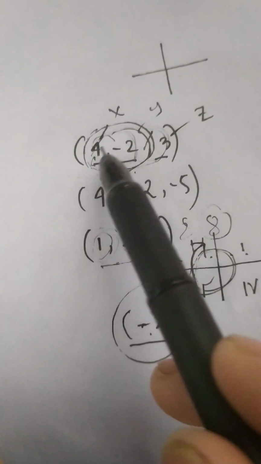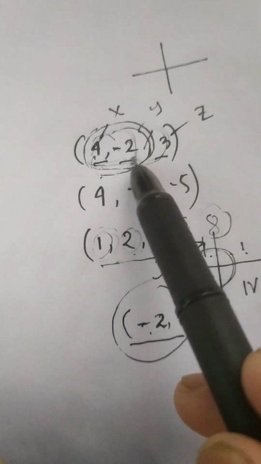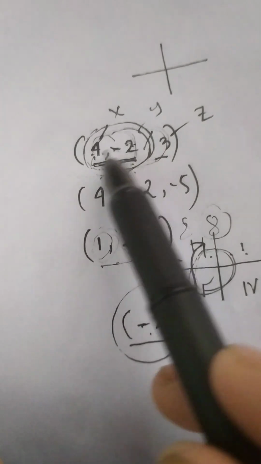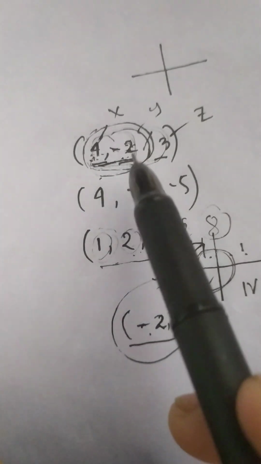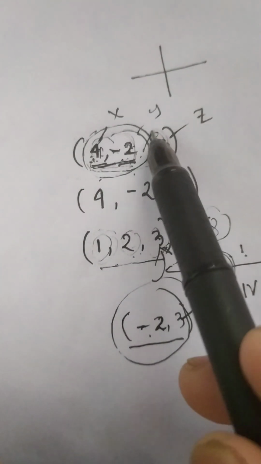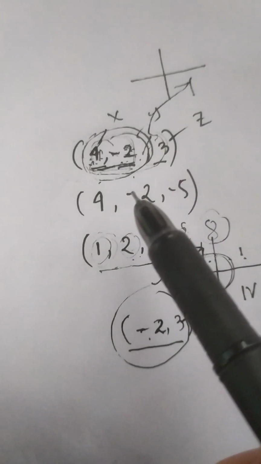The x coordinate is 4 and the y coordinate is -2. First we check in which quadrant this point lies. x is positive and y is negative, so this must lie in the 4th quadrant.